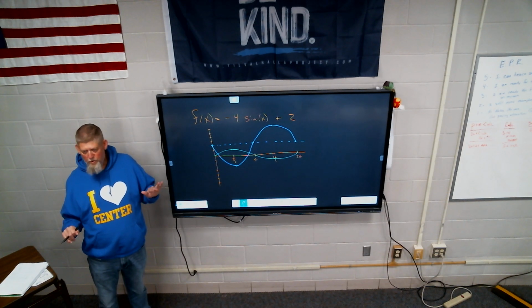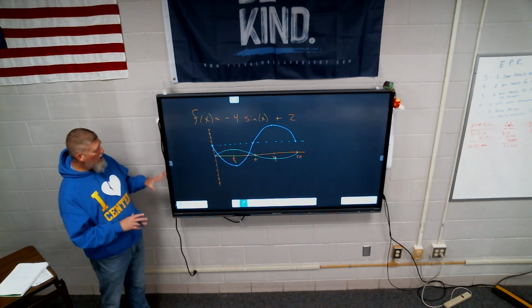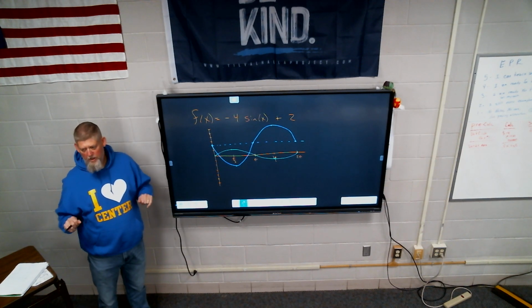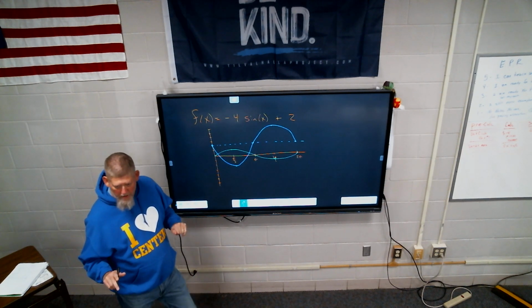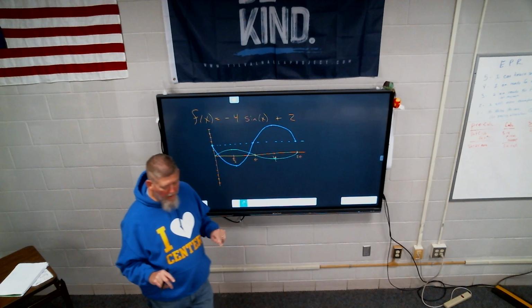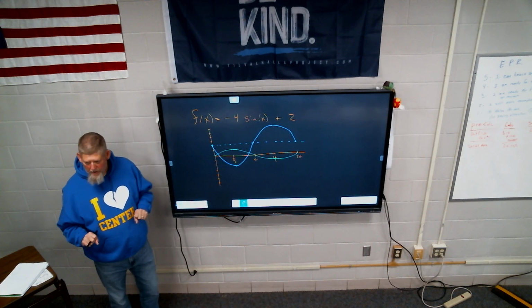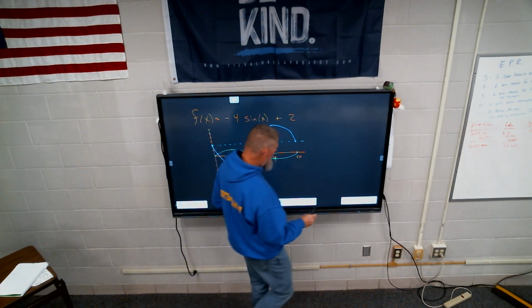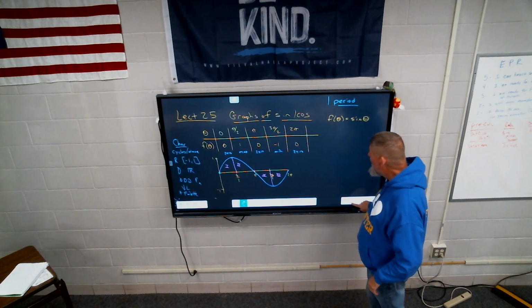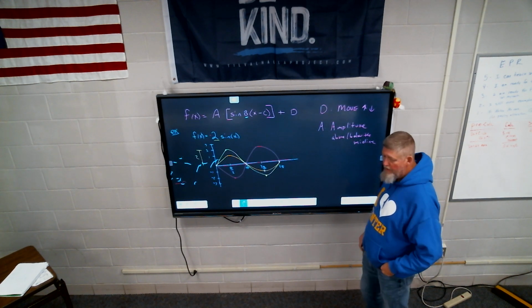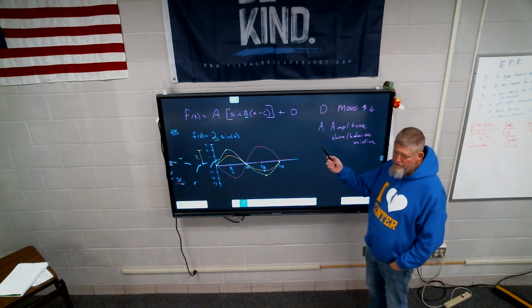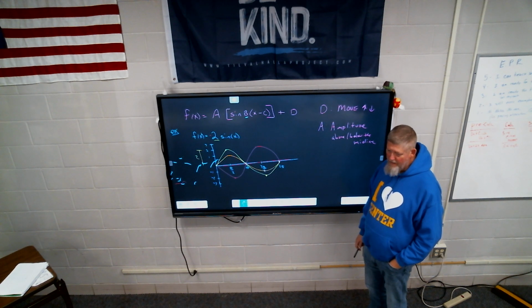Give me a 1, 2, 3, 4, 5 on where you are on just graphing the midline and the amplitude. Can we go back to the original problem? The f of x equals a sine b of x, the general function? Yes, that.